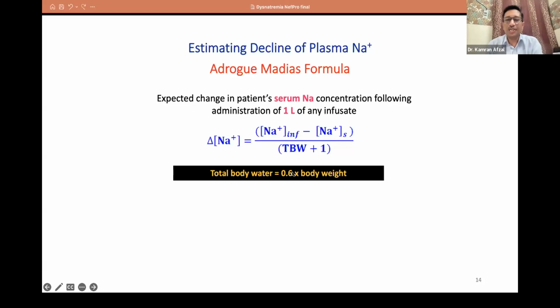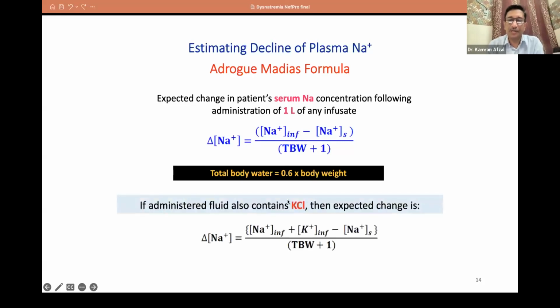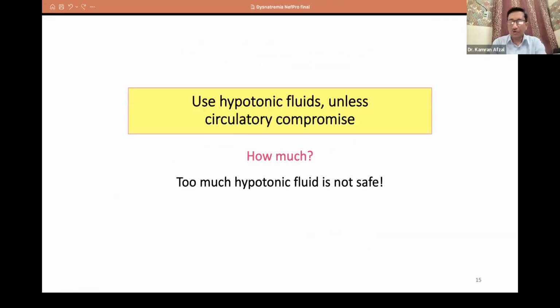Now, total body water is calculated as 0.6 into body weight. If your infusate has potassium, then of course you add sodium and potassium and get a difference with the serum sodium. So which fluid to be used?